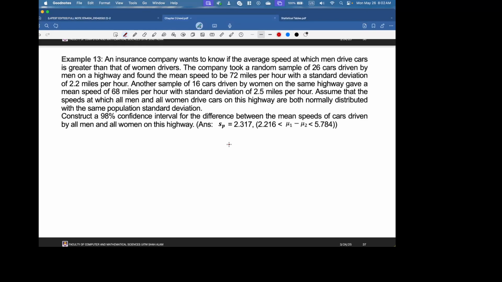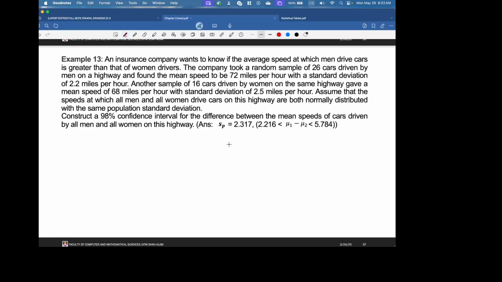Let's take a look at the example. In this example, they already give you the answer and the mu1 and mu2, and based on this, let's see where the information is. We have to decide first whether the sample is independent or dependent.